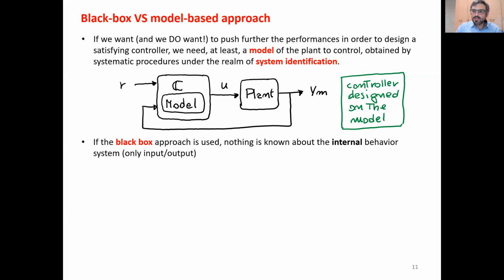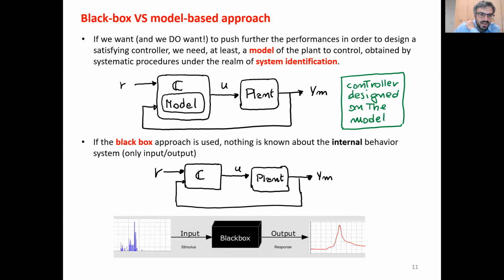Whenever we consider the differential equation based on our physical intuition, we are assuming some knowledge of the internal behavior of the system, or how the states evolve. But if, for example, you use a neural network approach, you look just at the input output. You don't care how it's done inside.